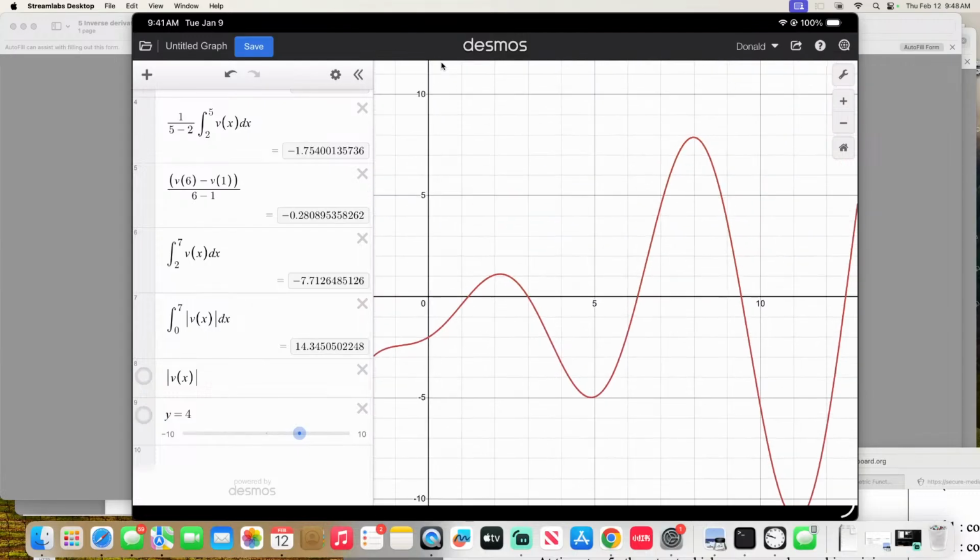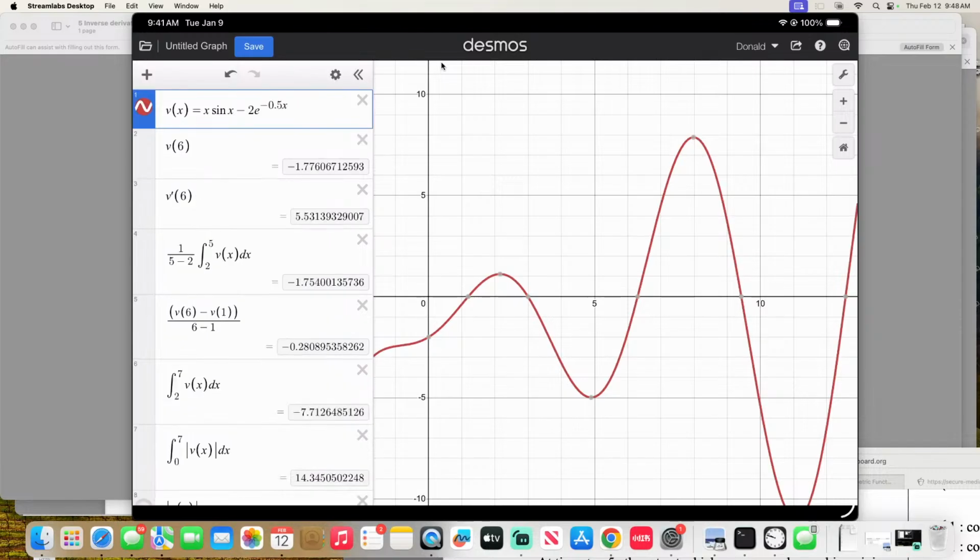The first interval, which is really hard to get, is from 0 to 1.189. A lot of people miss that one, because that's negative velocity but positive slope, positive acceleration. So the first interval should be 0 to 1.189.